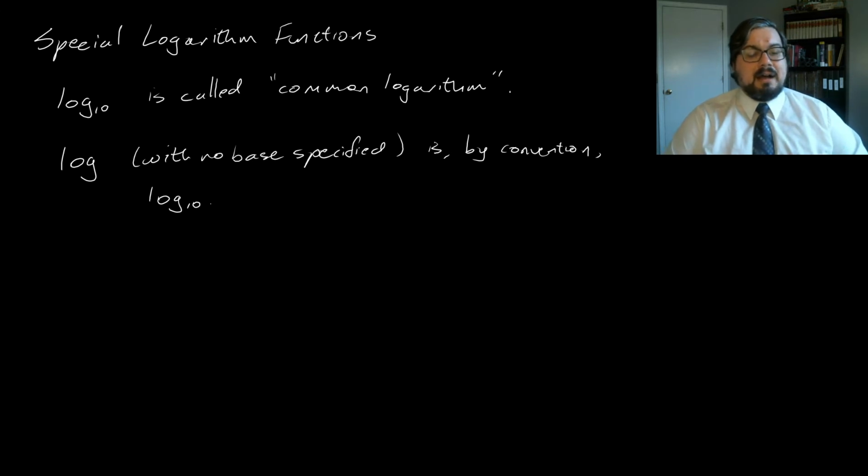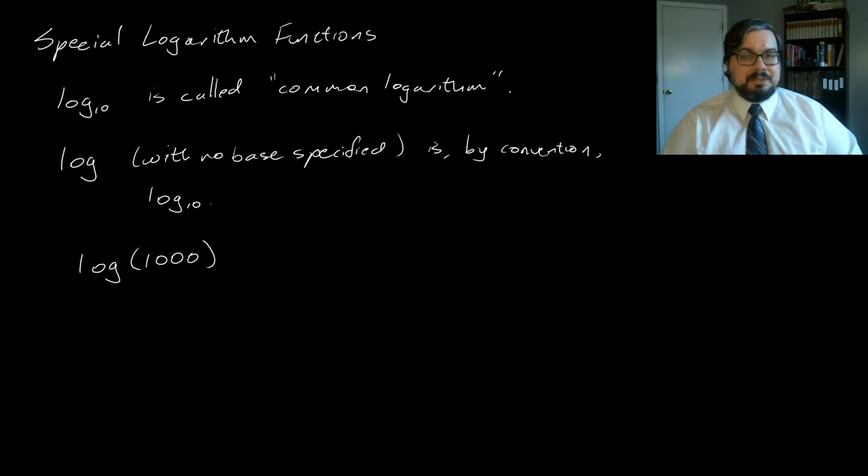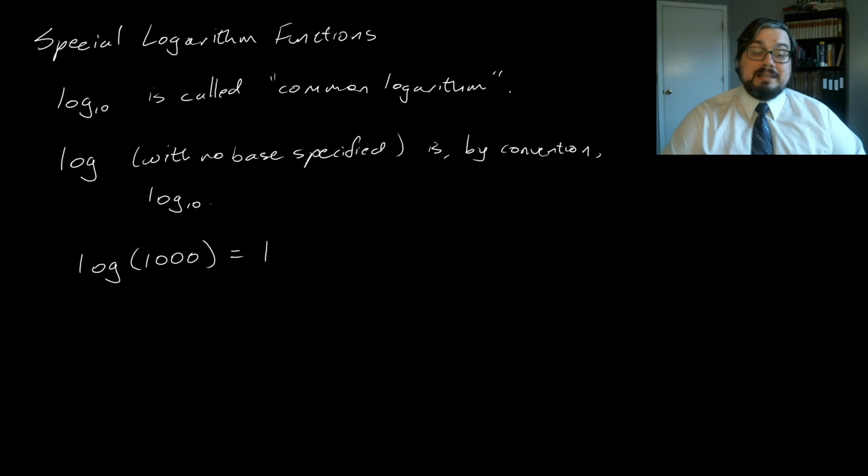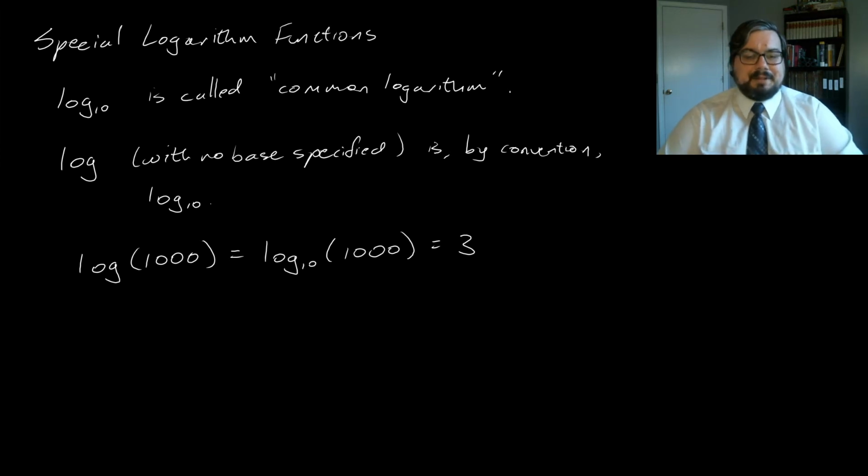So if you look at the expression log of 1,000 with no specified base below, then that is, by definition, logarithm base 10 of 1,000, which is 3, as we just saw last time. So this is called the common logarithm. It's one that you'll encounter quite a lot. Most calculators that you will see have the common logarithm as a button on it.